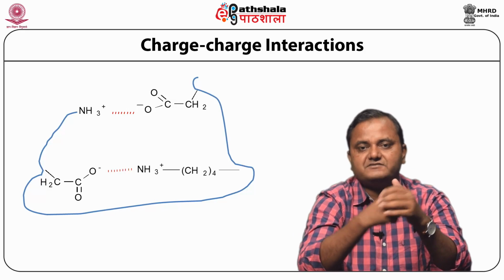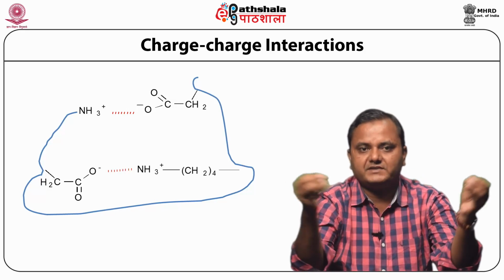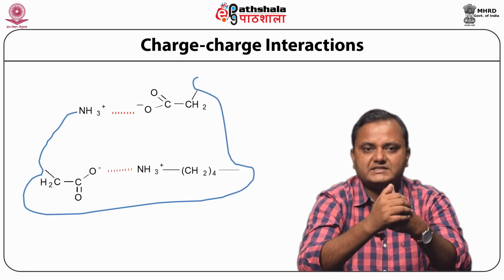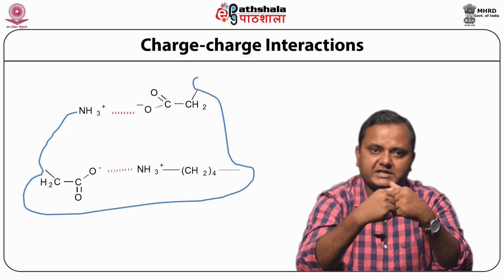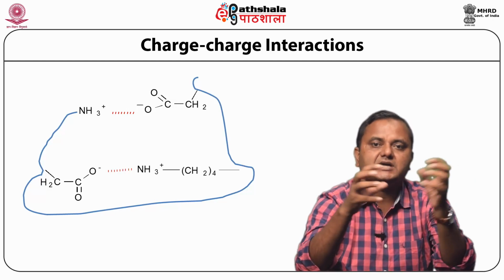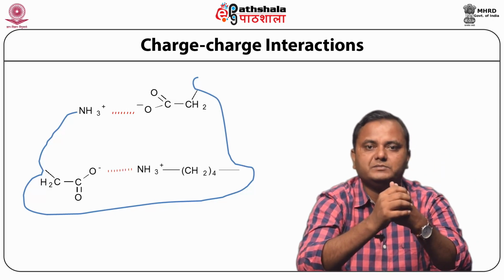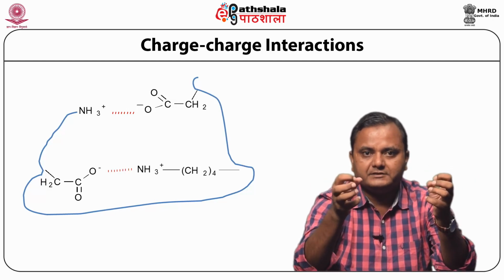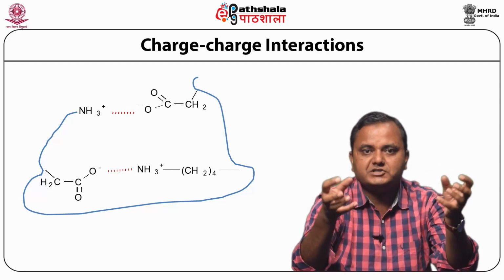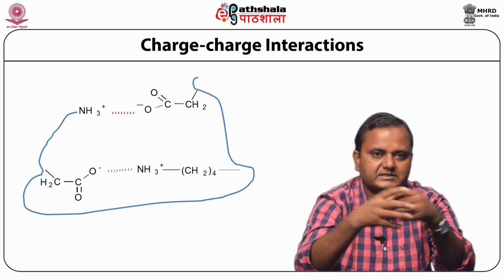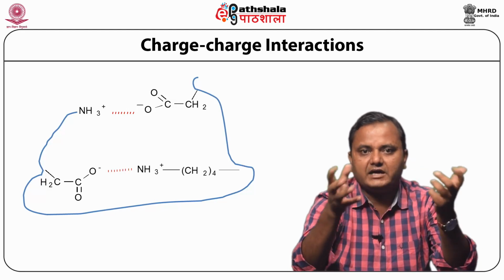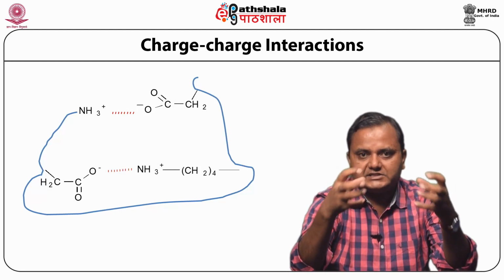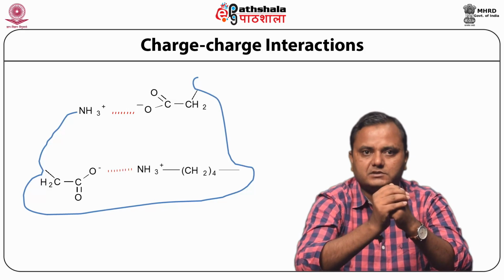Their energy decreases with the inverse of the radius and falls off to less than kT at about 56 nanometer separation between the two charges. In practice, charge-charge interactions have been shown to be chemically significant up to 15 angstrom in protein. A small charged metal ion can act as a positive charge in an ion pair. You can see here in the diagram how the charge-charge interaction takes place in a protein molecule.